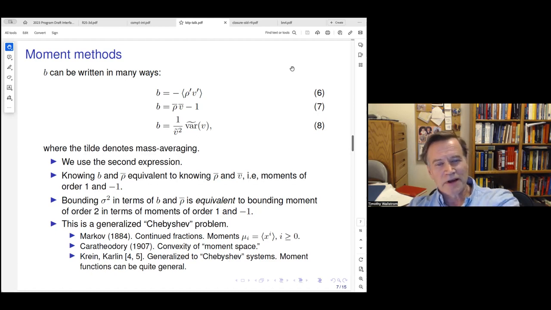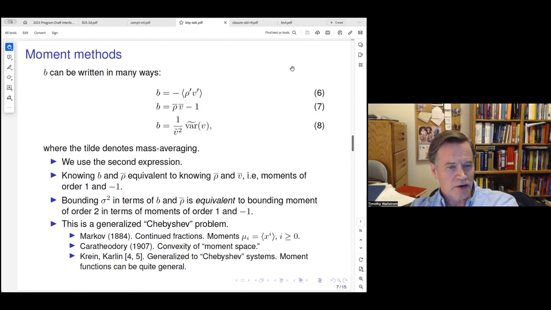And the third one I'm not going to discuss in this talk, but it's actually just kind of striking to me that if you go to the mass averaging, you can actually express V in terms of a variance, and that might have some potential for modeling. But at any rate, we use the second expression because that reduces it to two moments.